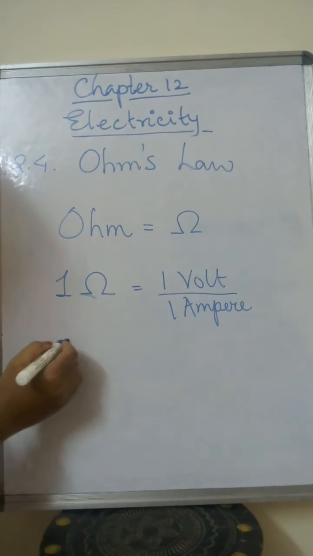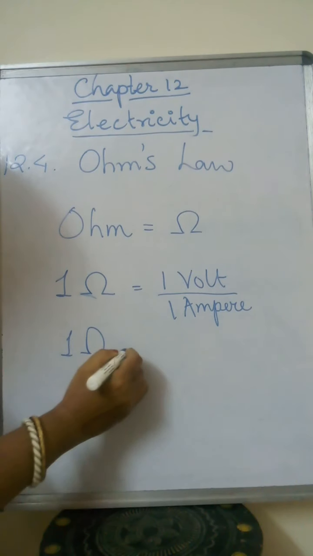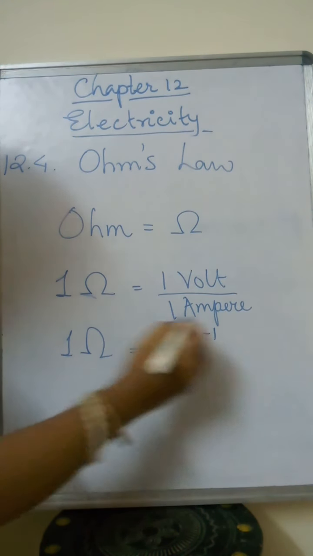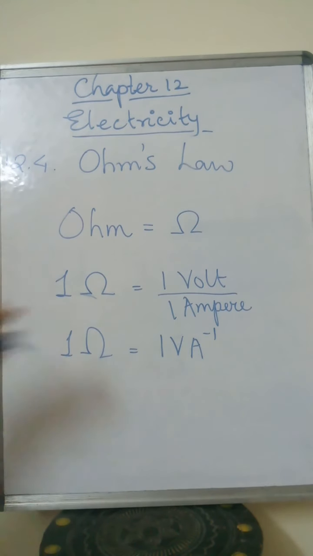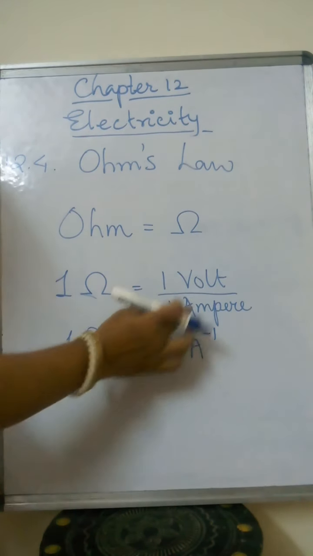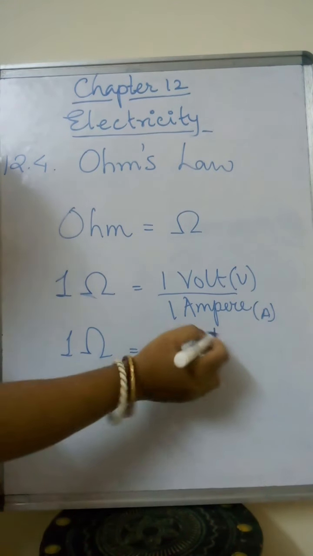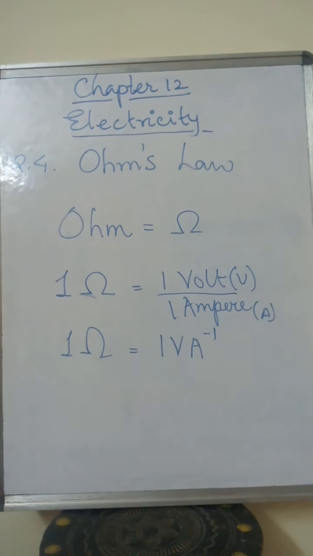We can also write it as 1 ohm is equal to 1 V A minus 1. This is V, this is A. We bring A up and it becomes minus 1. So this is all about Ohm's law. Next we come to the next topic, that is factors on which the resistance of a conductor depends.